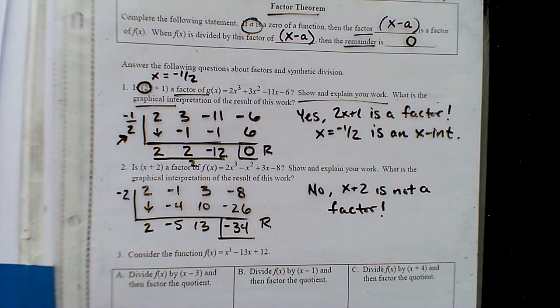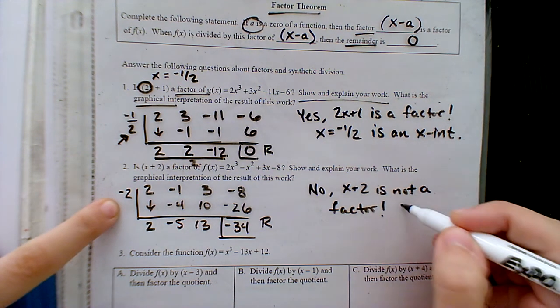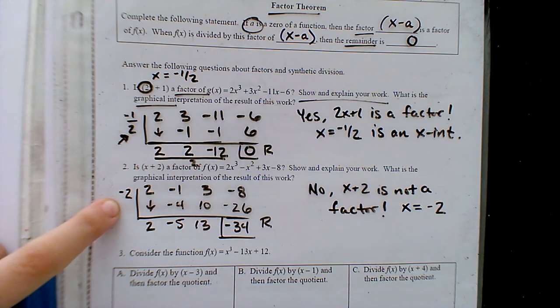Okay. What's that telling us about the graph? What do we know about this x value of negative 2? X equals negative 2.